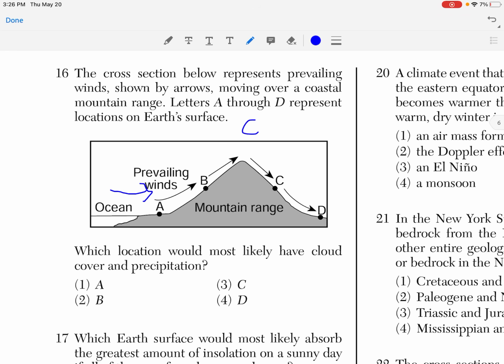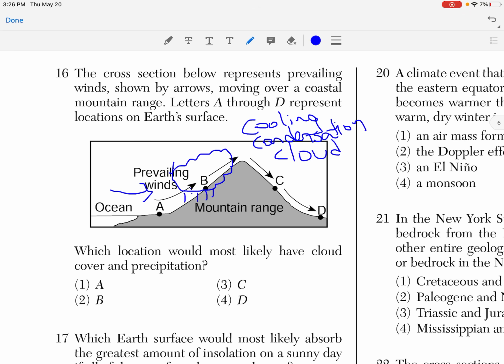And when you have cooling, and that's a key word here, cooling, you are going to condense all of the moisture, all the water vapor that's in the air from a vapor into a liquid. And remember, that's what forms a cloud. And so cloud formation is due to the fact that we're lifting all of the air up in this location. And as a result, when you form clouds, you tend to have a lot of precipitation.